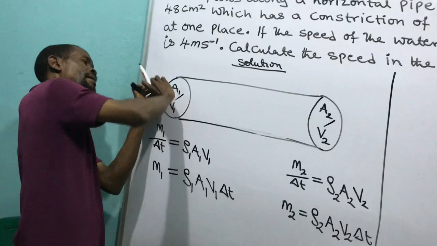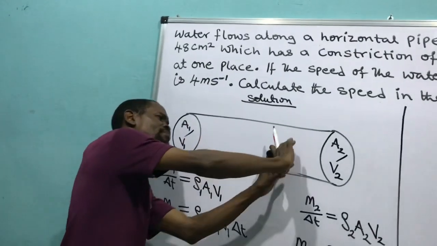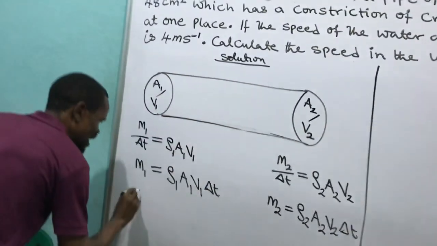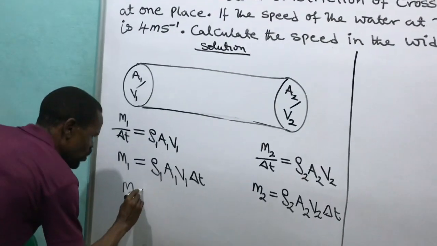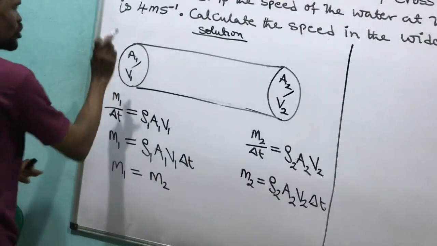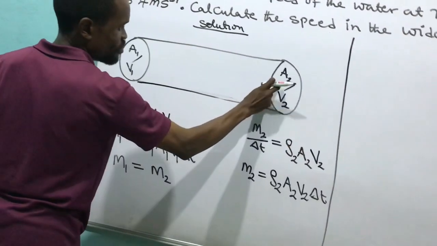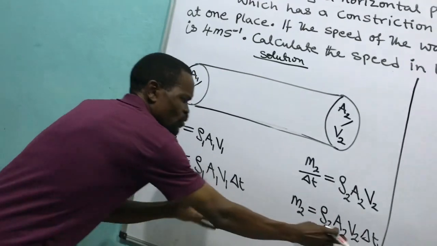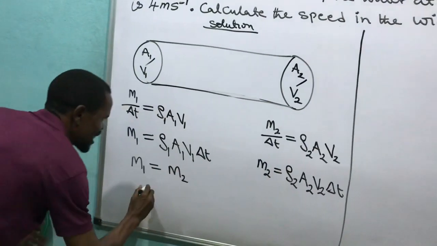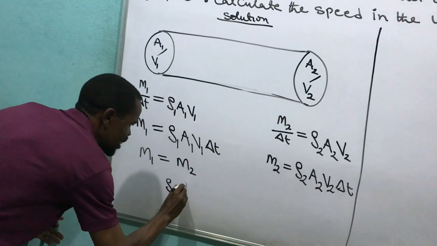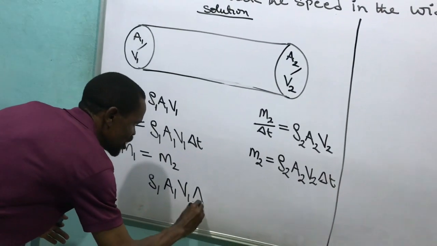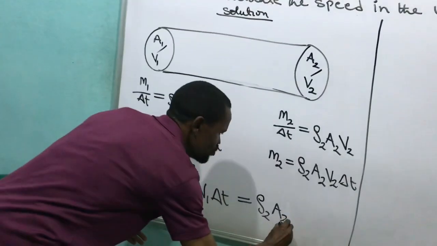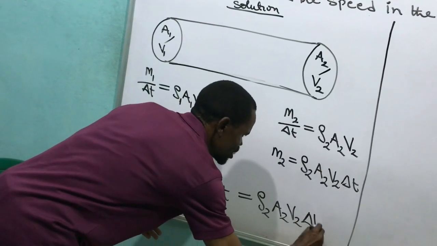So mass 1 equals mass 2. This implies that density 1, A1, V1, change in time equals density 2, cross-sectional area 2, velocity 2, and change in time.